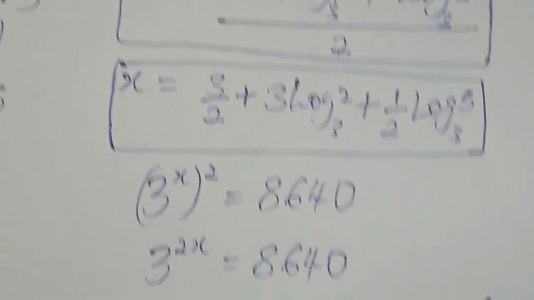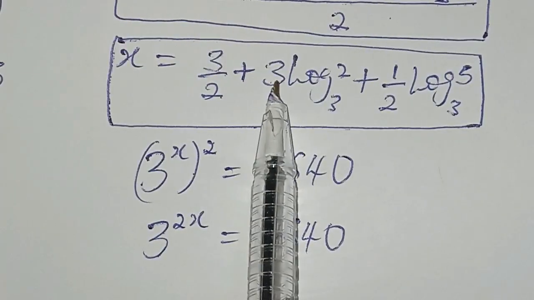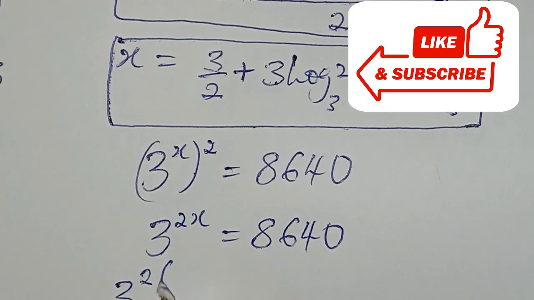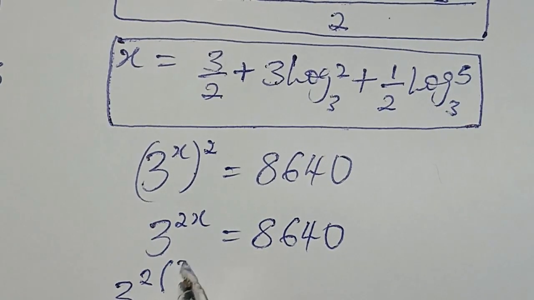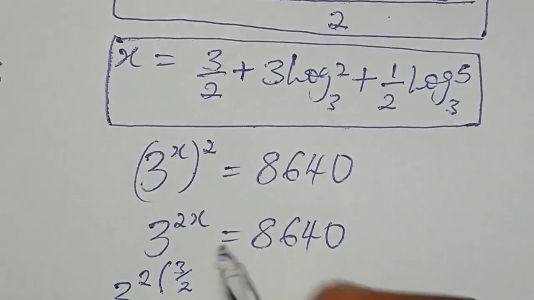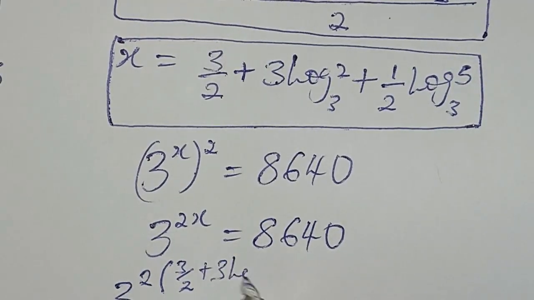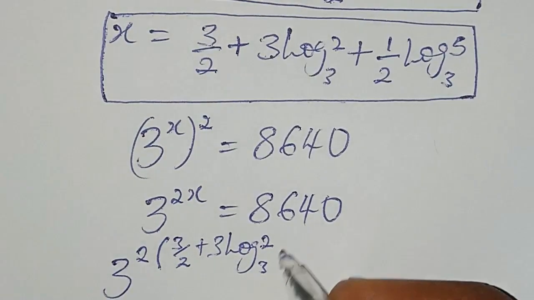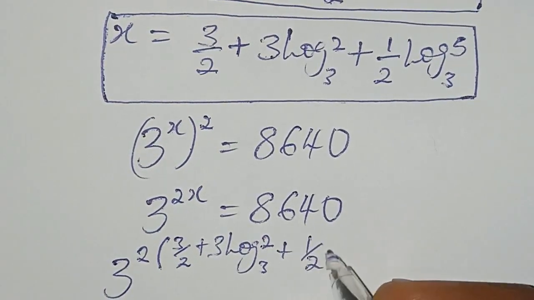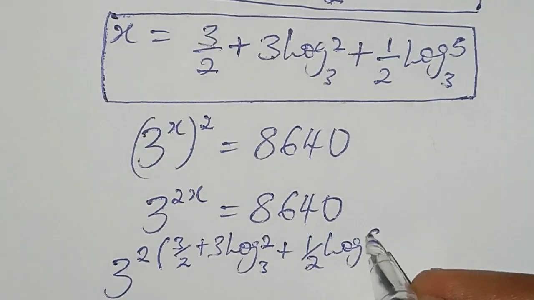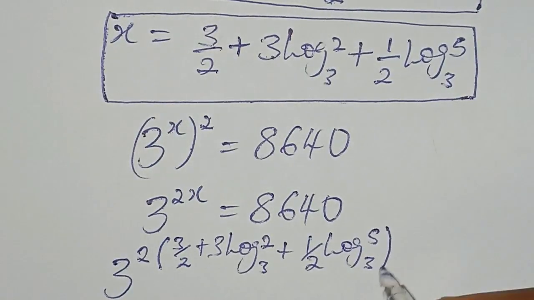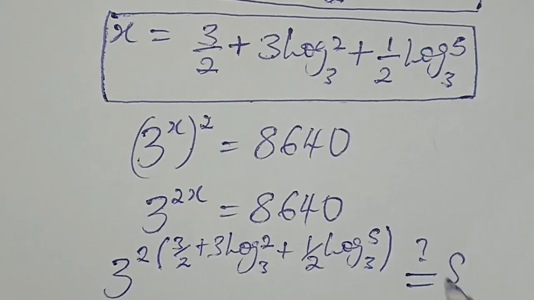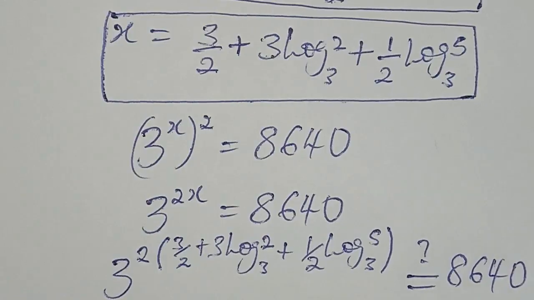So substituting this value, we have 3 to the power of 2 into brackets 3 over 2 plus 3 log 2 base of 3 plus 1 over 2 log 5 base of 3. We close that bracket. Would that be equal to 8,640?